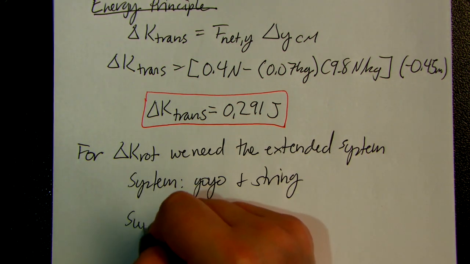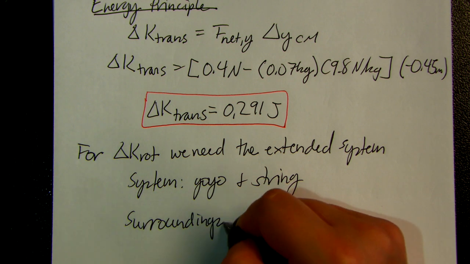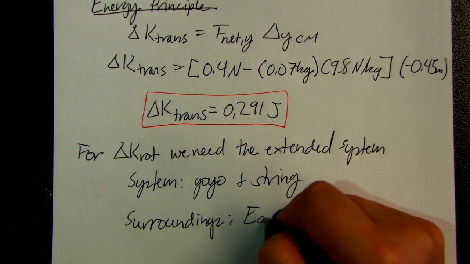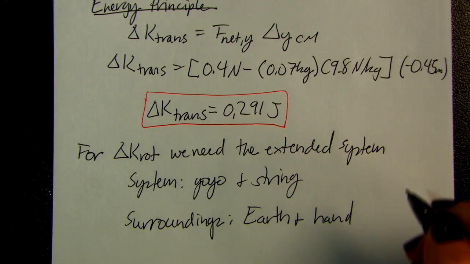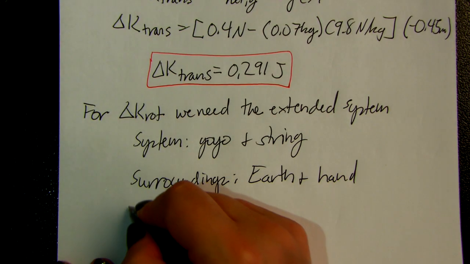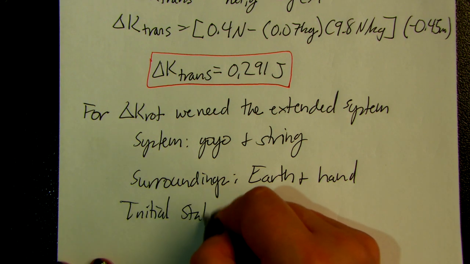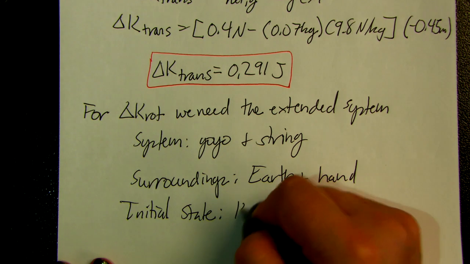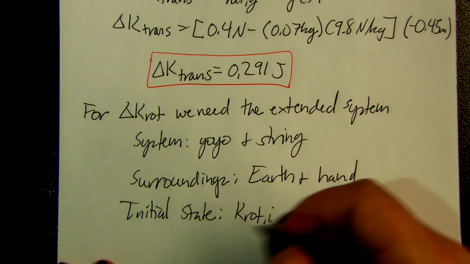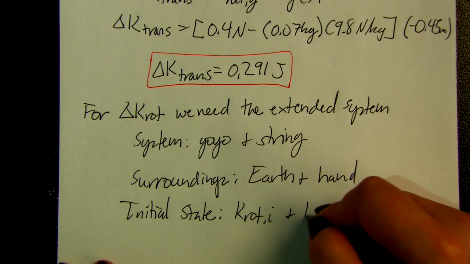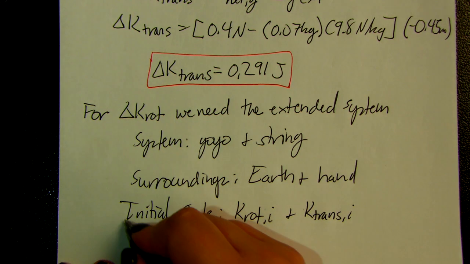Our surroundings is the earth and hand. Our initial state, here we have some, we know it was spinning because we know how yo-yos work. So it has some translational initial and some rotational initial.